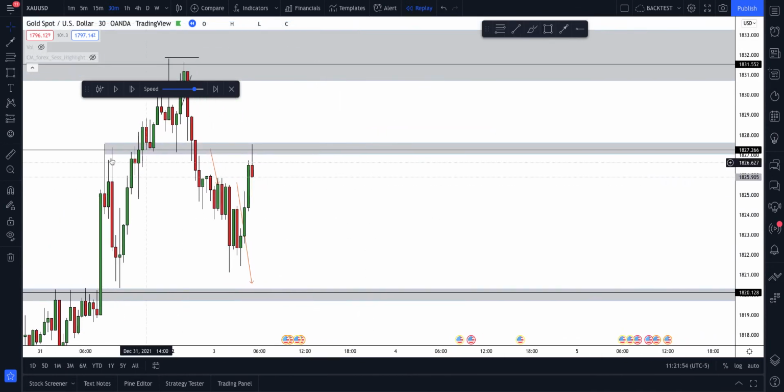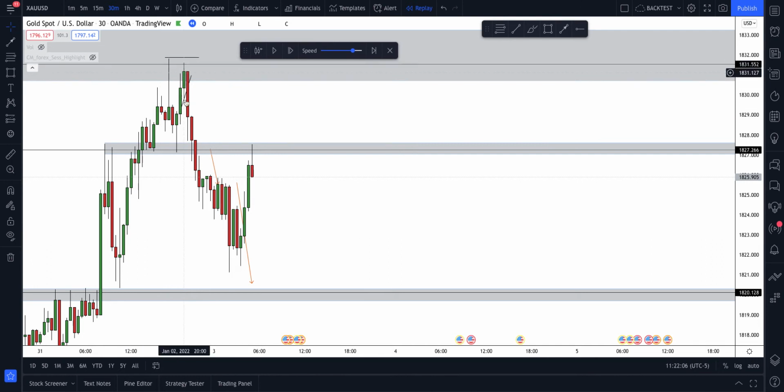So this zone: rejected, came back, broke through, rejected, retested, went to supply, double top formation, then came back, retested, came back, retested, then closed below. Then price fell back to the 1821 zone.